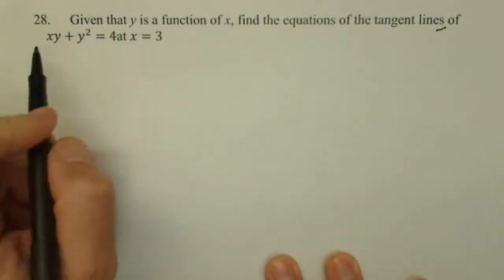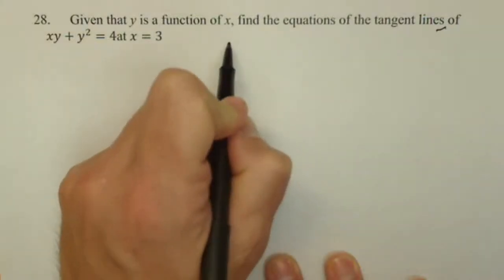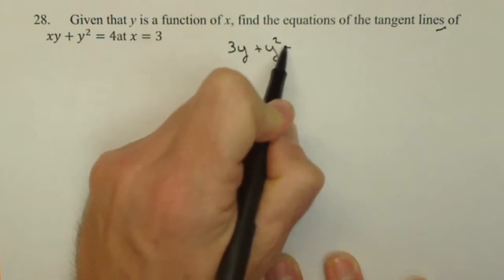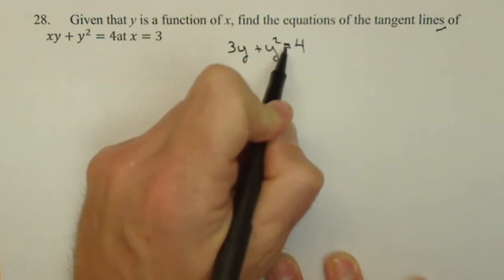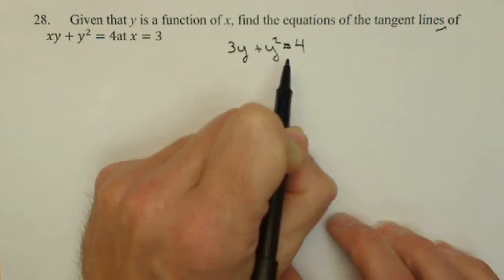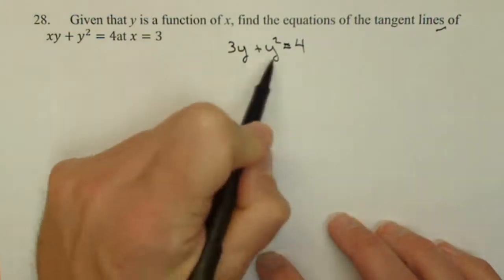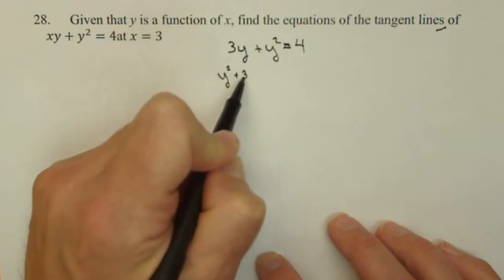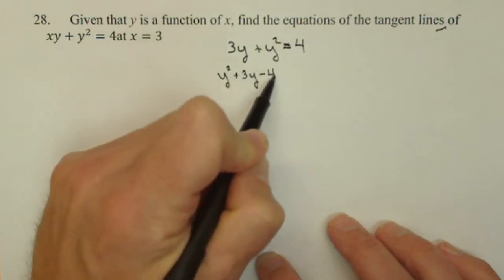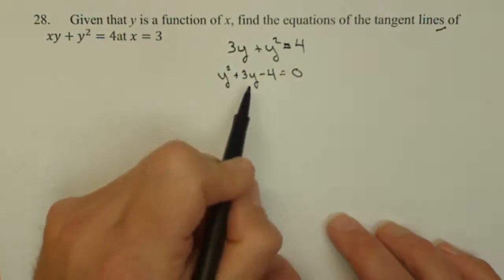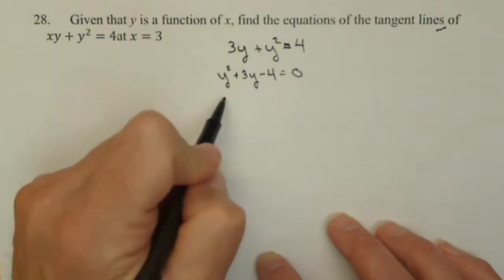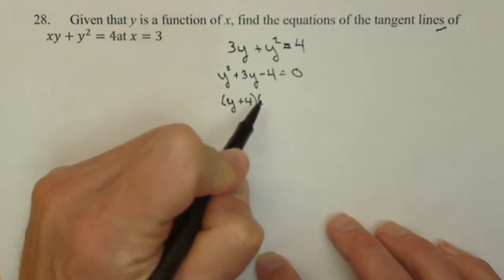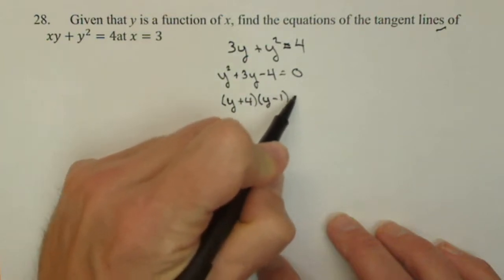So if I plug in 3 for x into my equation there, I will get 3y plus y squared equals 4. And I have a quadratic, and so I'm going to get this quadratic equal to 0, and I'm going to write it in standard form, so y squared plus 3y minus 4 equals 0, and looks like we're going to get something that'll factor there into y plus 4 times y minus 1 equals 0.